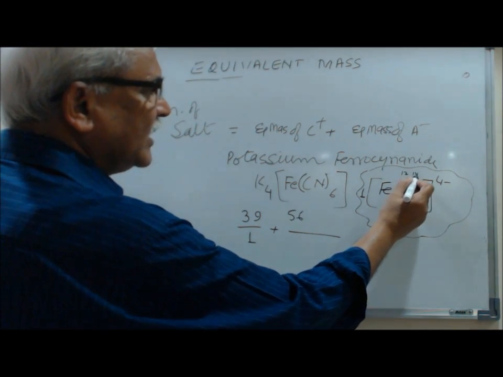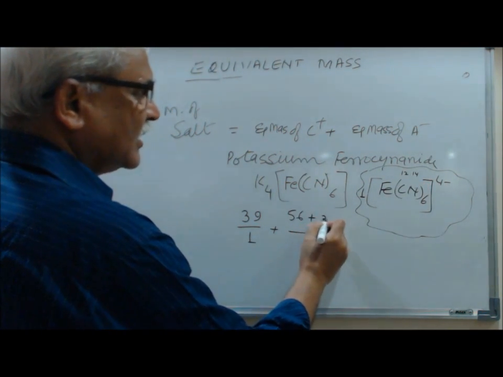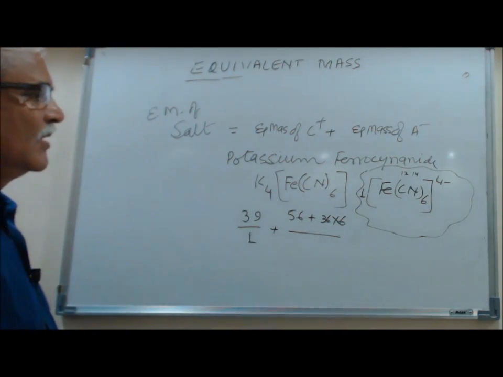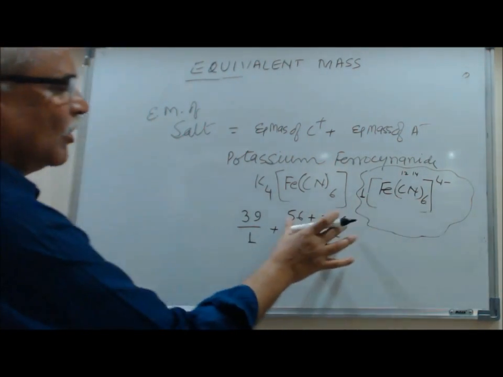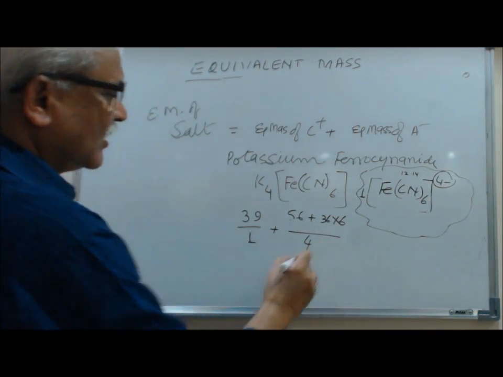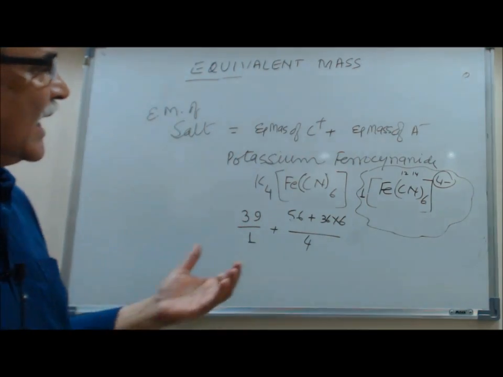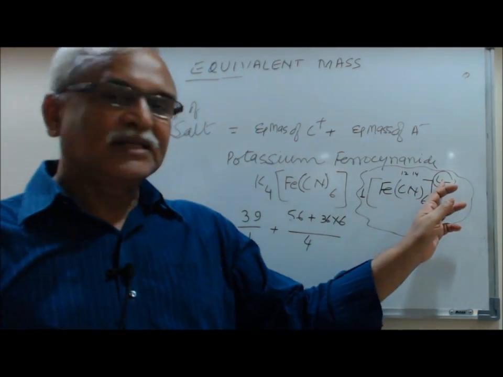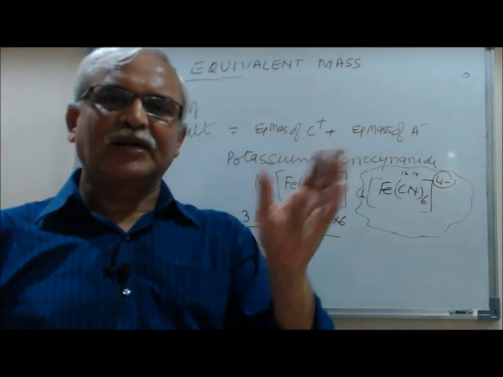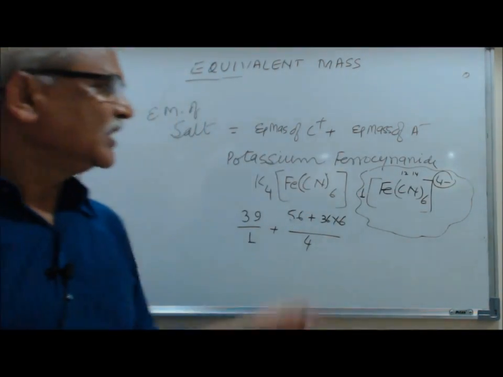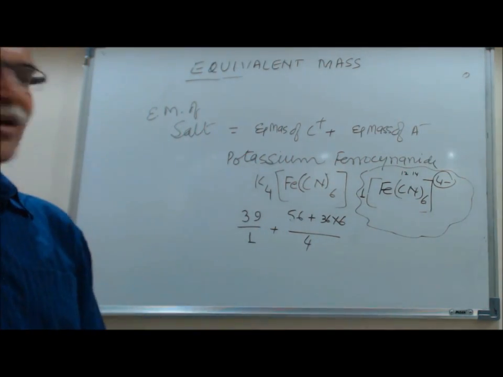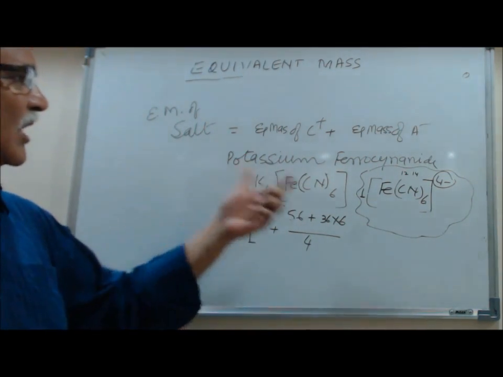Nitrogen is 14. The sum becomes 36 into 6 because there are 6 such groups. So this is the molecular mass of the entire ferrocyanide. How many charges are there? 4. I might say that again, the sign of the charge does not matter, whether plus or minus. We are not talking about the sign, only the number. So 3 minus or 4 minus does not come into the picture, only the number. So this is the equivalent mass of potassium ferrocyanide.